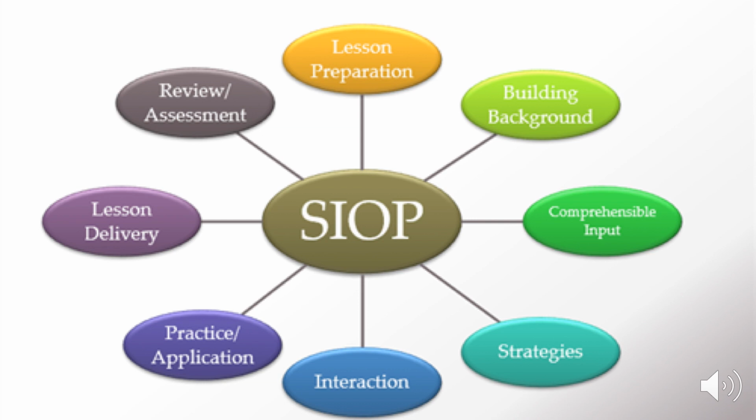Processes through SIOP are lesson preparation, building on previous knowledge, allowing for comprehensible input, various learning strategies that include interaction, collaboration, practice and application of learned material, how the teacher delivers the lesson and relates it to real-world situations, and then how a teacher reflects on or reviews the lesson itself. In addition, how the teacher uses assessments to understand students' learning.